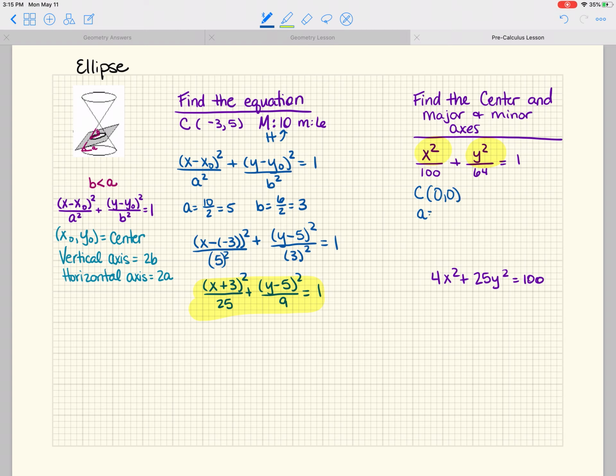The value under x squared is a squared, so a would be 10, and 2a would be 20, which is our major axis. b squared is 64. Taking the square root, b is 8. So 2b is 16, which would be the minor axis.